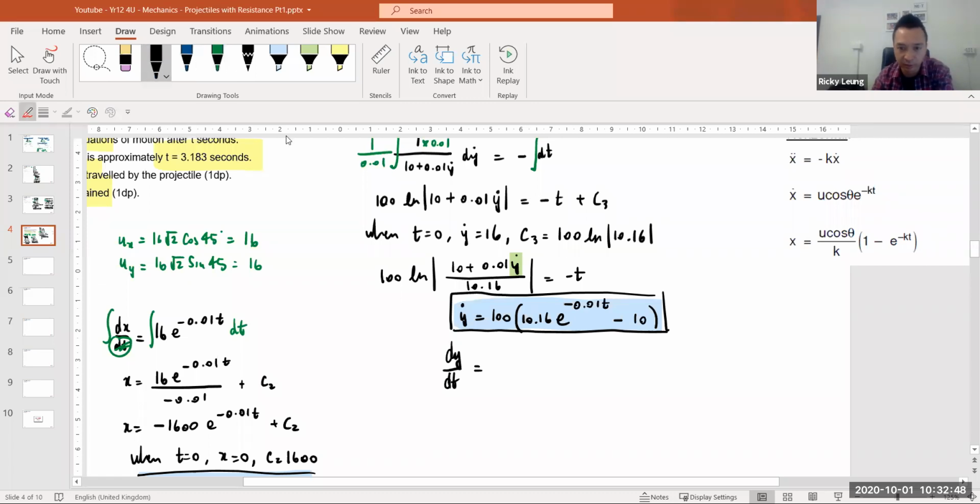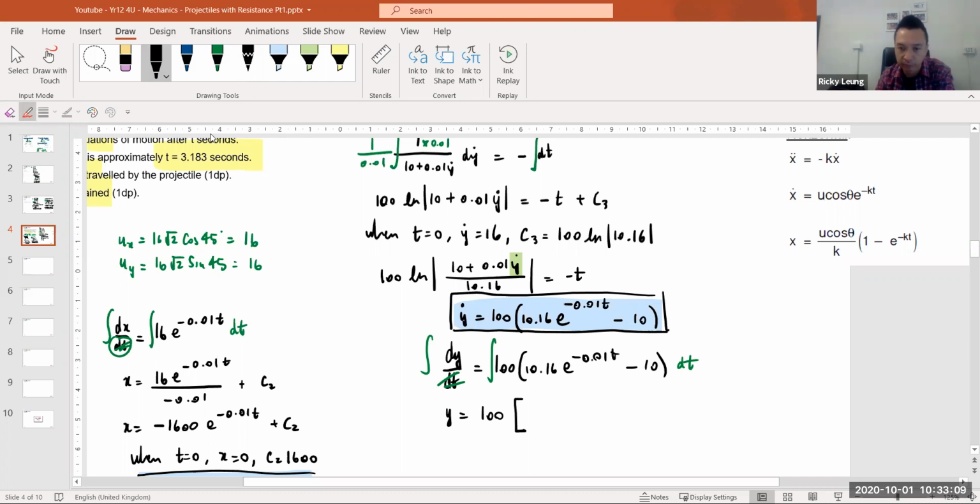I'm going to populate this down here. You can expand, it's up to you. Might be nicer actually. So when I get rid of this, put the dt here, integrate both sides. On this side becomes y, this 100 comes out.